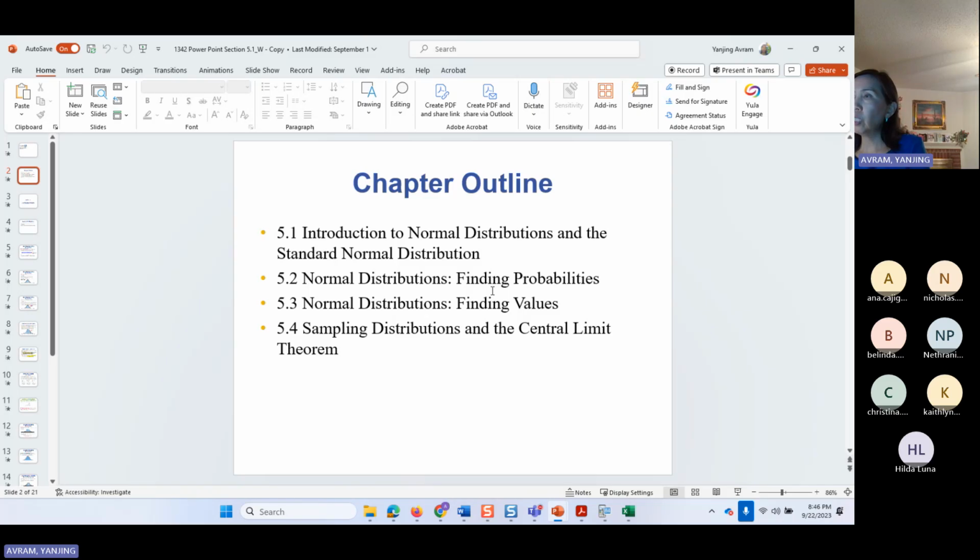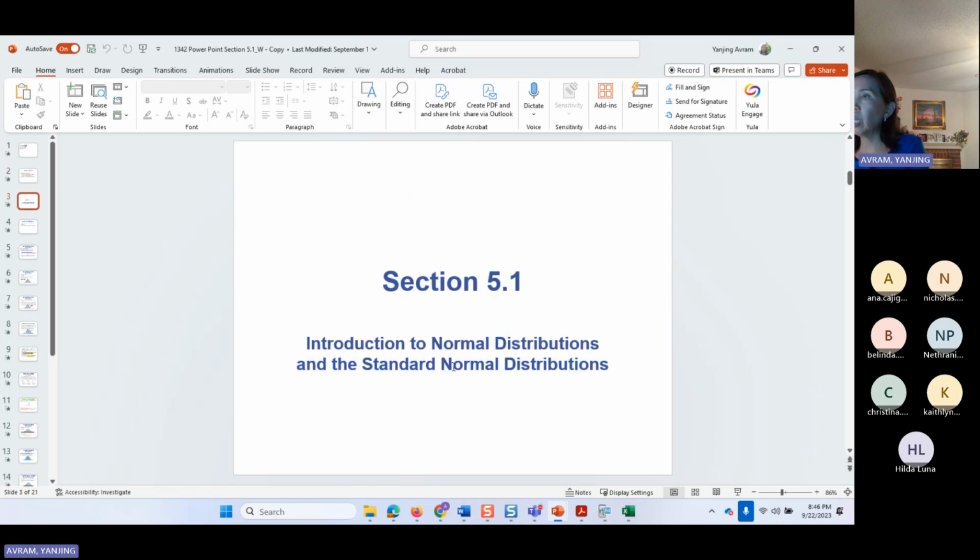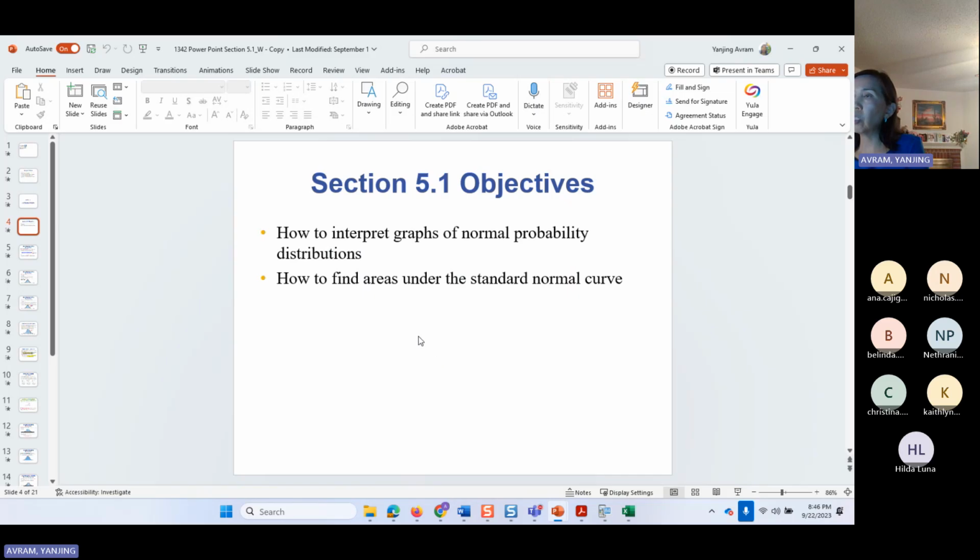All right. So we still need to be able to find a probability, find the mean, and then the central limit theorem. Okay. So we introduce the normal distribution and the standard normal distribution, and of course we will talk about mean and standard deviation as well.